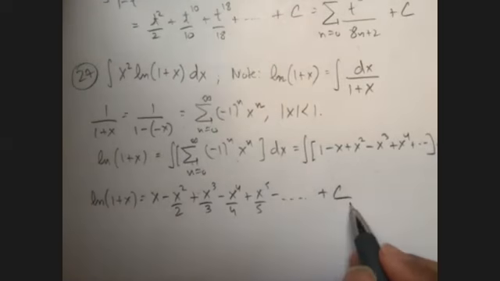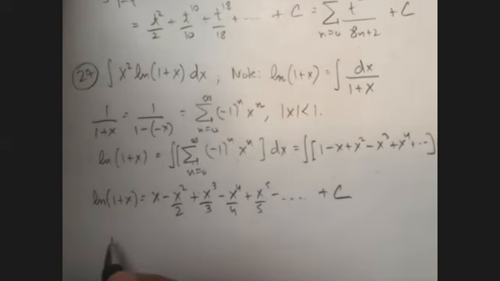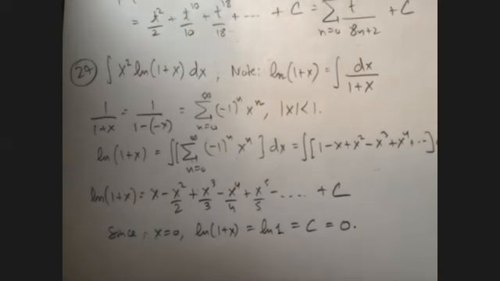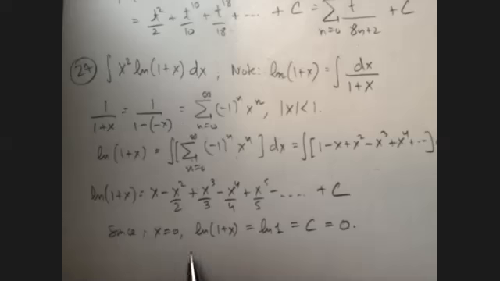Now we can find c by substituting x equals 0, since at x equals 0, ln of 1 plus x equals ln 1, which is equal to 0. So when x goes to 0, you get ln 1. This whole thing goes to 0, only c remains.